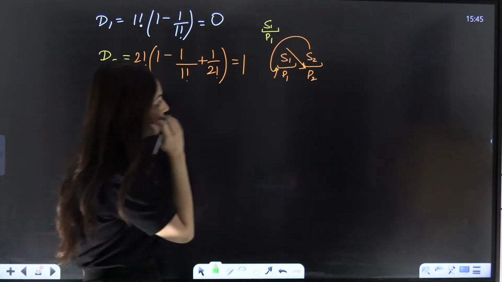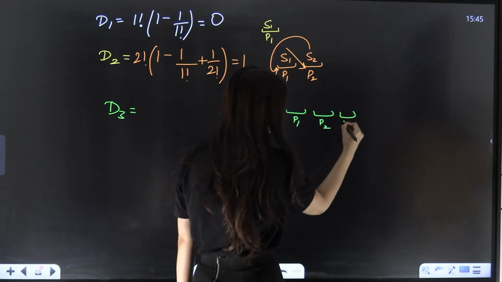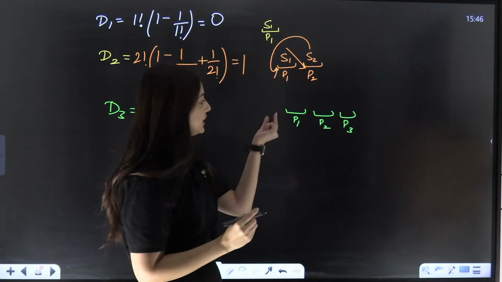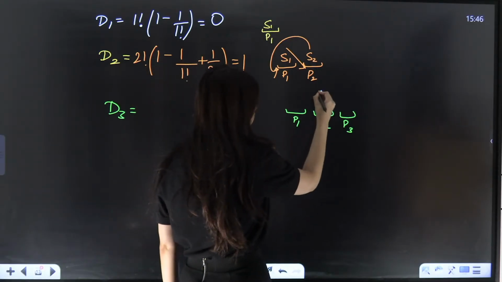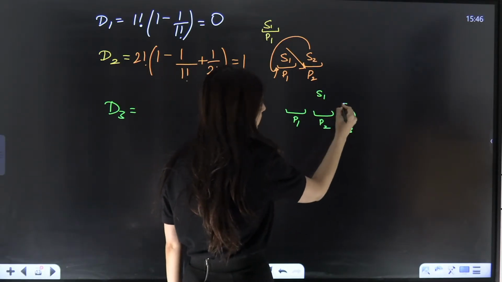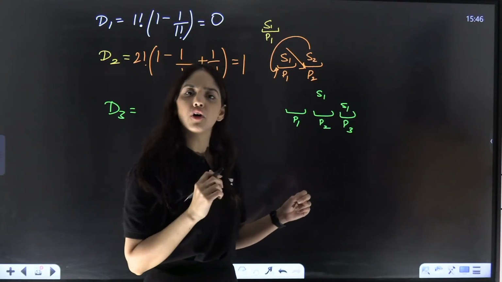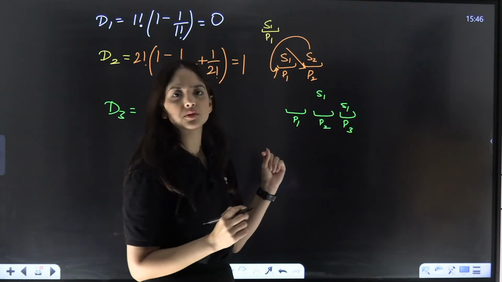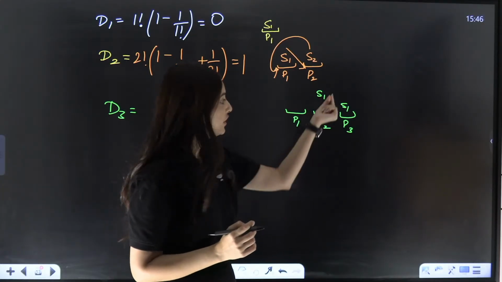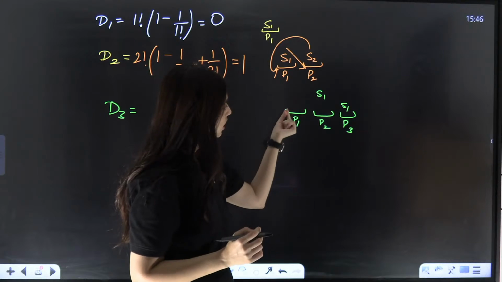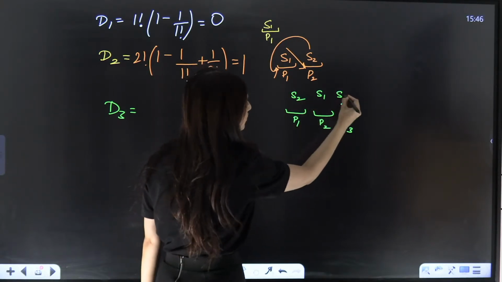D3, in that case we have P1, P2, P3. Now S1 cannot sit here. S1 can sit here or here, right? Only two possibilities for S1. For S2, let's see in the first possibility. Now S2 can go anywhere, but if S2 goes here, let's say S2 goes here, then S3 will have to go here.